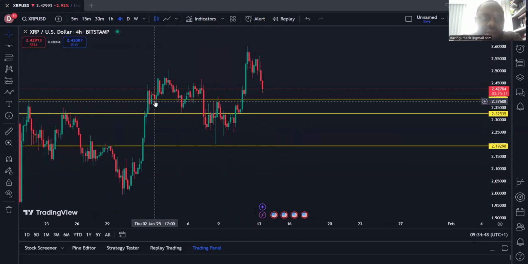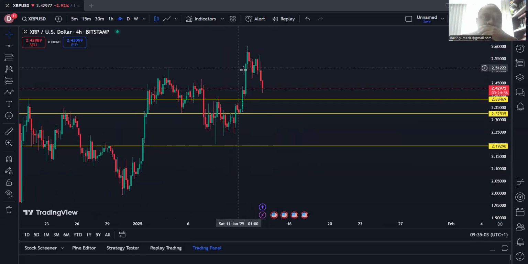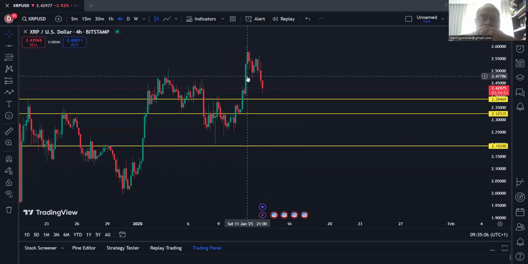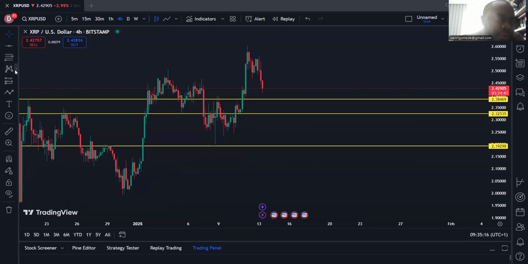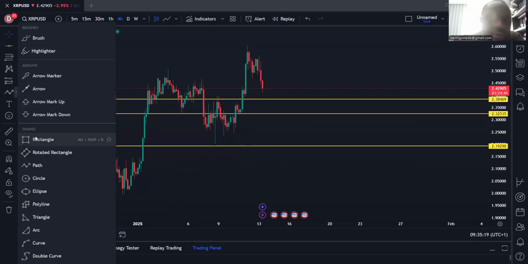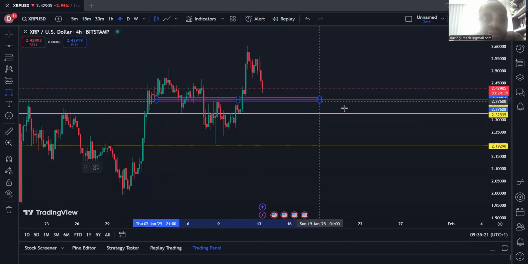There's been plenty of wicks testing this area and also faking out and testing. So 1, 2, 3, 4, 5, 6, 7, 8, 9, 10, 11 wicks that have rejected the zone. This area also seems to be a zone that had been respected, but not strongly so. But in my viewing of this, we could possibly see price coming and retesting this area right here.